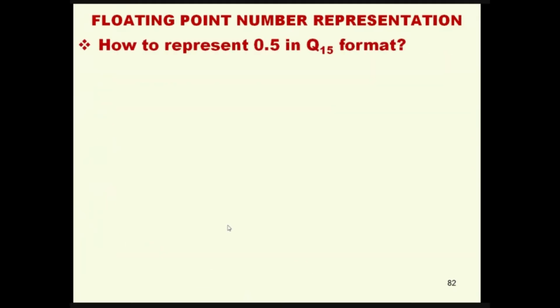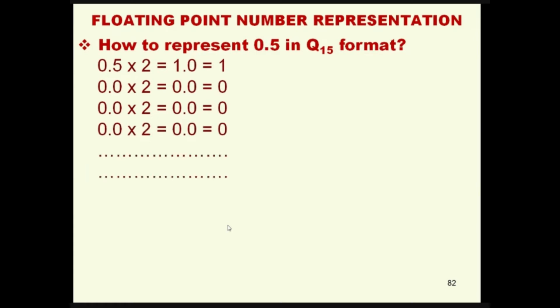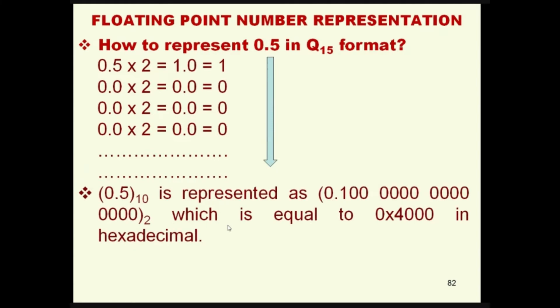How to represent 0.5 in Q15 format? 0.5 into 2 equals 1.0, so the bit is 1, and 0.0 into 2 is 0, and 0.0 into 2 is 0. It goes on like this, and very simply we can represent it. 0.5 base 10, which is decimal 0.5, is represented as 0.1000000000000000, which is equal to 0x4000 in hexadecimal.